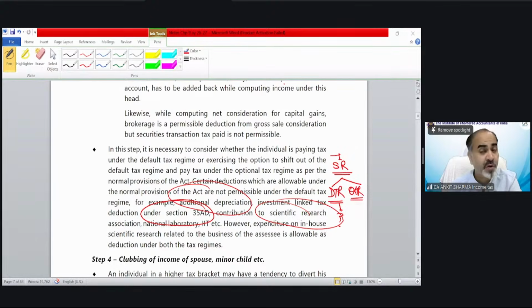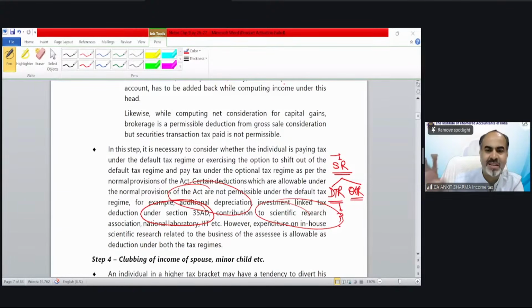In case of the default tax regime, only in-house scientific research expenditure is allowed. Any payment to any university, any outside donation, contribution is disallowed. Approved donation is allowed only under the optional tax regime. But under the default tax regime, only in-house scientific research expenditure is allowed.